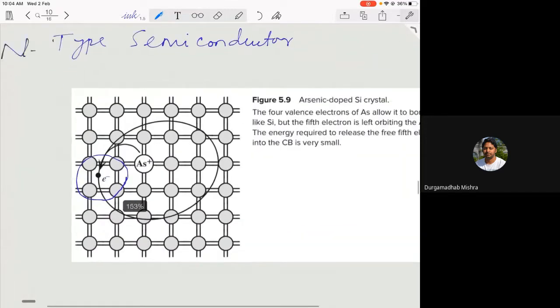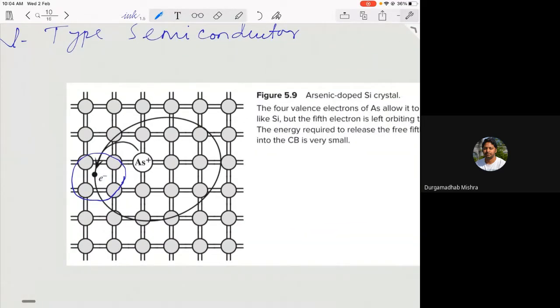This electron is no longer attached to the arsenic atom, so it becomes free and contributes to the conduction band of the semiconductor, in this case silicon.